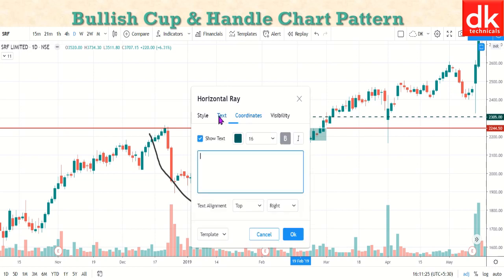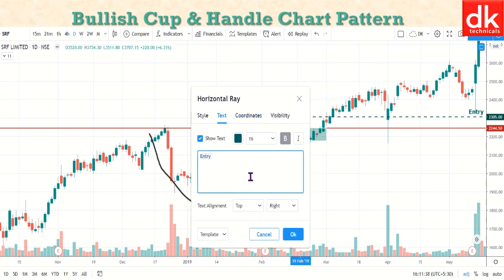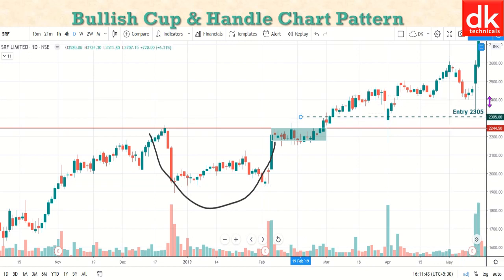We can always put an entry price here and put a buy stop order on our terminal at 2305. So the entry would be 2305. I am marking it. 2305 becomes our entry.